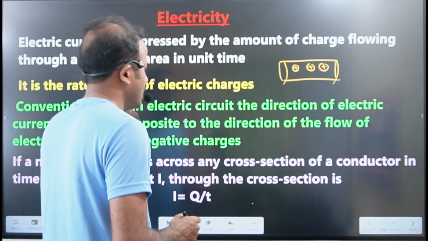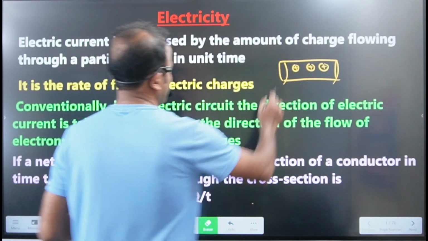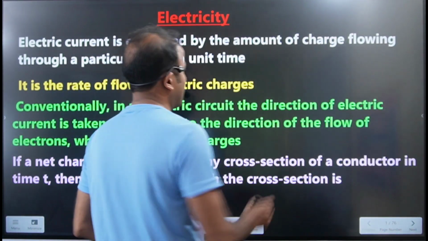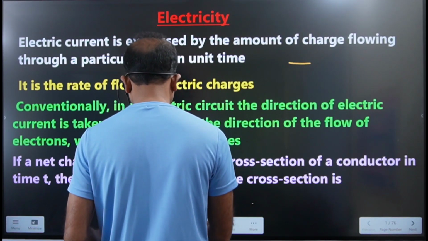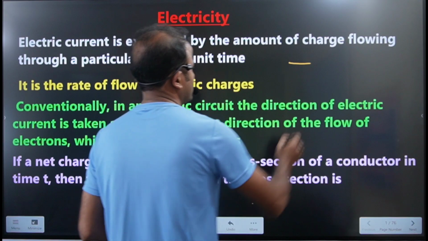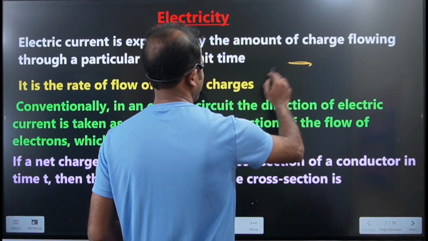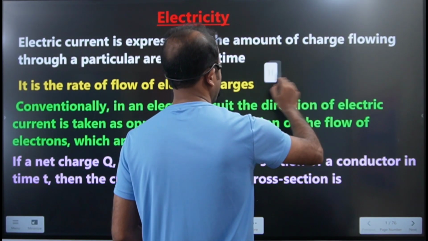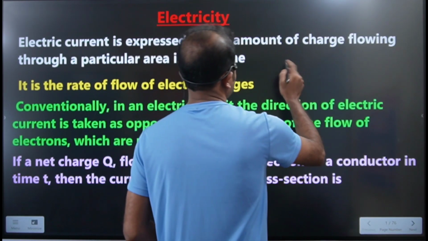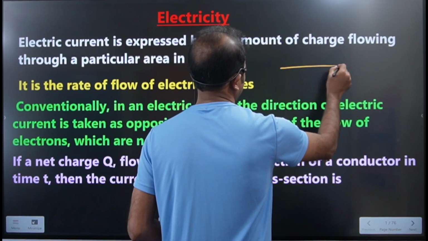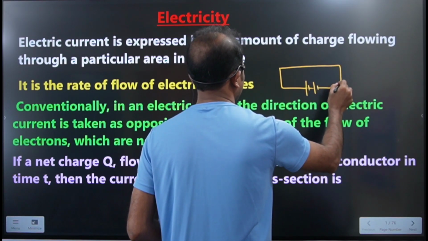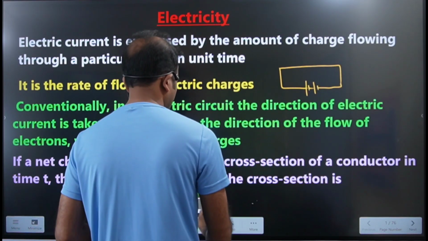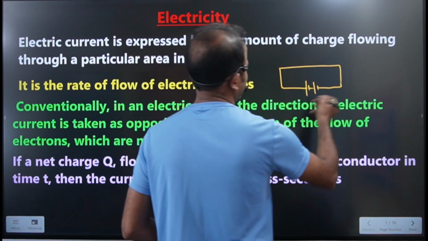For example, take any conductor. Now you see here we have a circuit. Let us assume this is a circuit, and it is connected with batteries like this. The electrons move from where to where here?